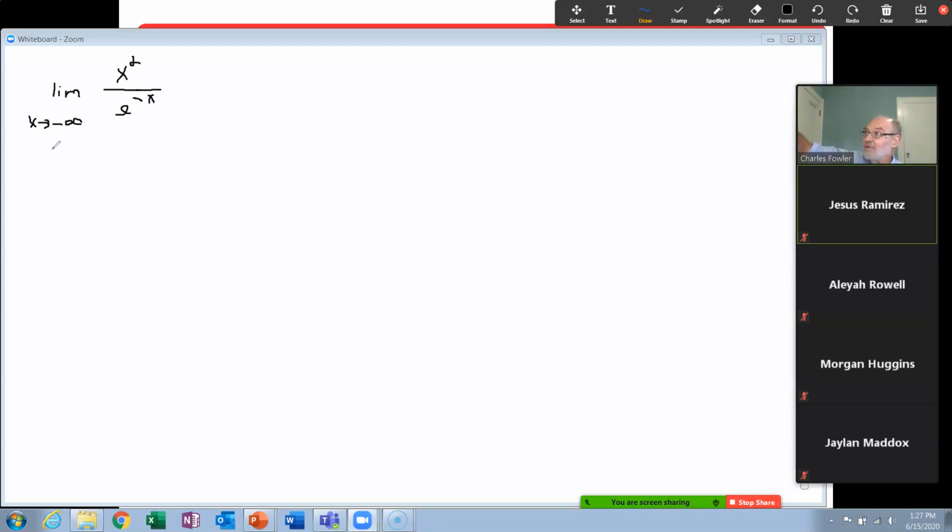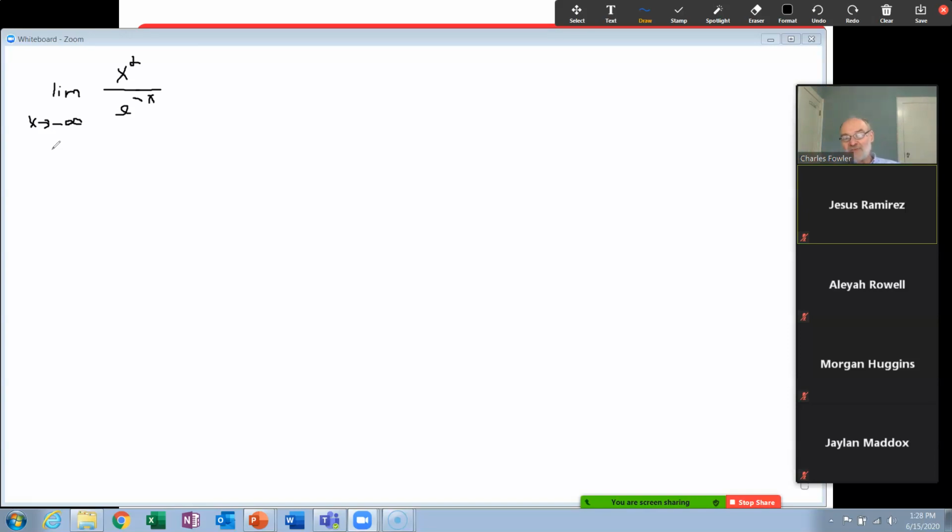Let's take one that's not too big, like negative 10. Negative 10 squared would be positive 100. Negative 100 squared would be positive 10,000. Negative 1,000 squared would be positive 1 million. It's going up there, folks, really big, okay?